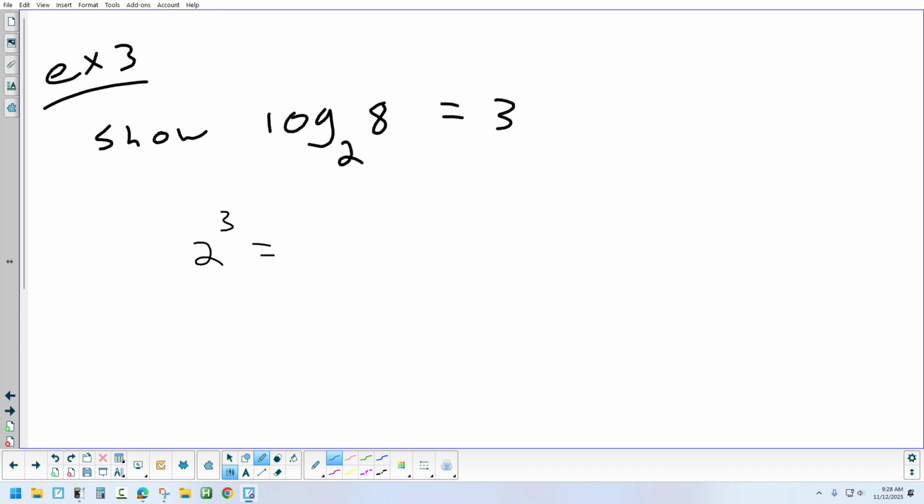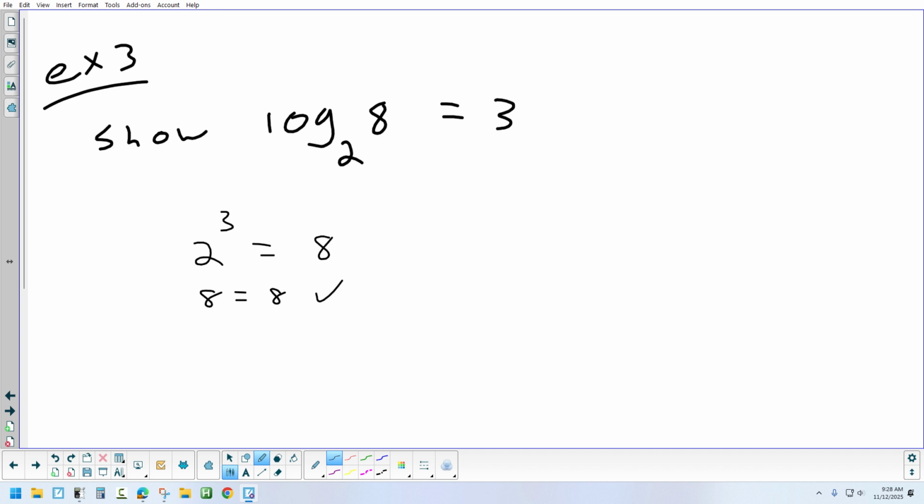Logarithm always equals the exponent. And what would be by itself on the other side? Yeah, the argument. If we change that to exponential form, you get 2 cubed equals 8. What's 2 cubed? Yeah, 8. So we get 8 equals 8. So yes, log base 2 of 8 equals 3.